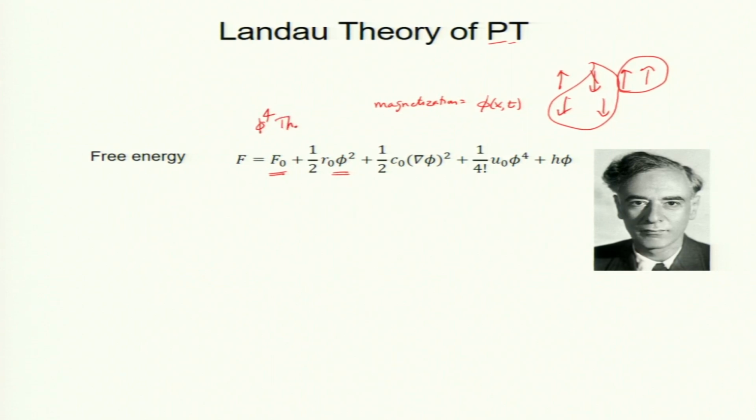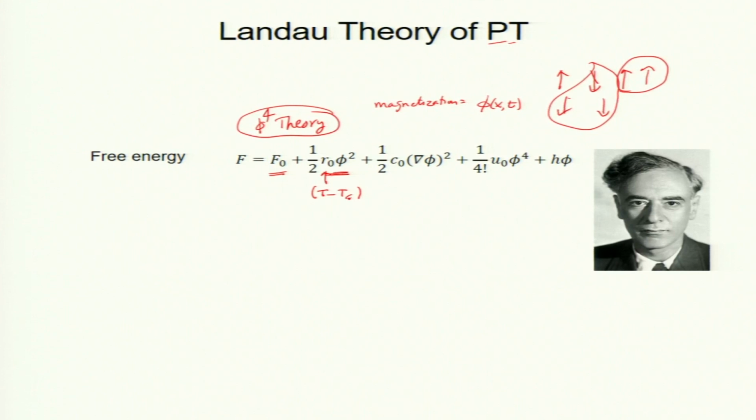Please remember this phi 4 theory, because other than the quadratic part we have a phi 4 term. Okay, and there is a reason why phi 4 is a leading order term, I will tell you in a minute. Okay. So, the first term is R naught phi squared, R naught, Landau postulates, is proportional to T minus T c.